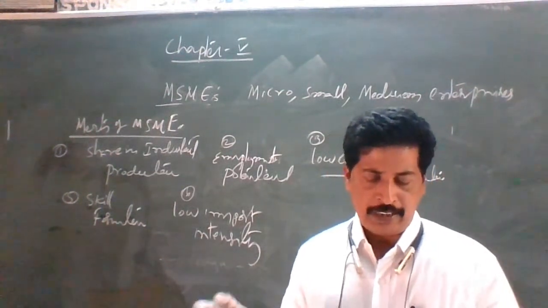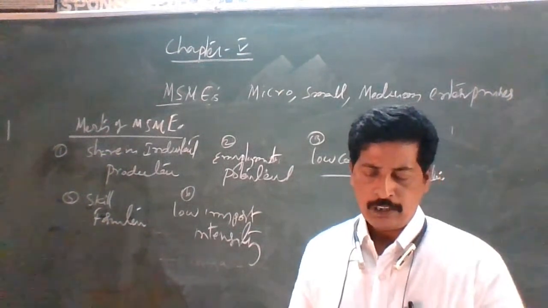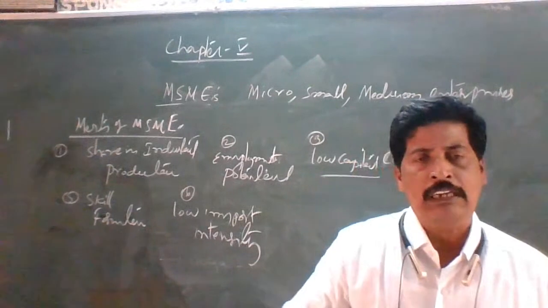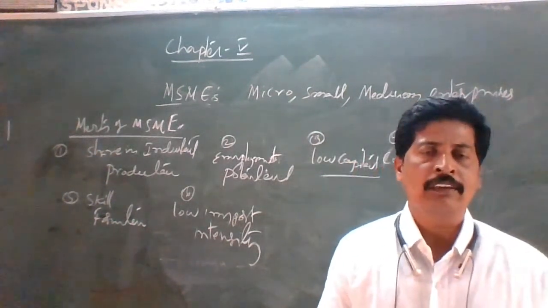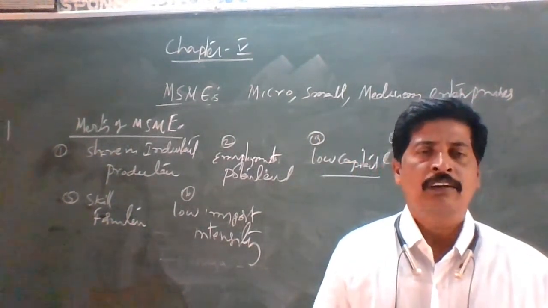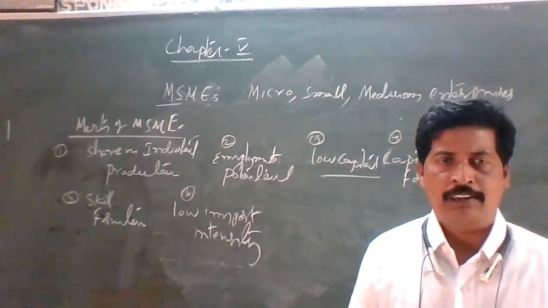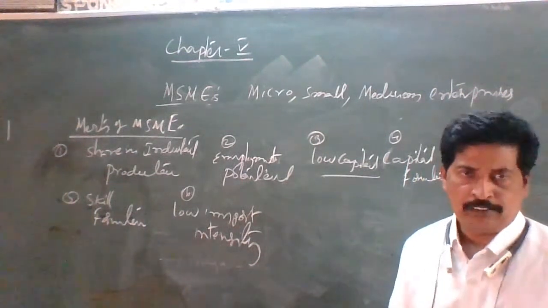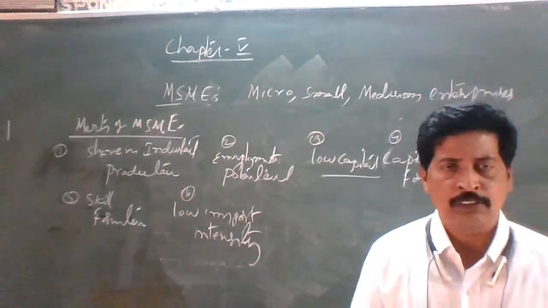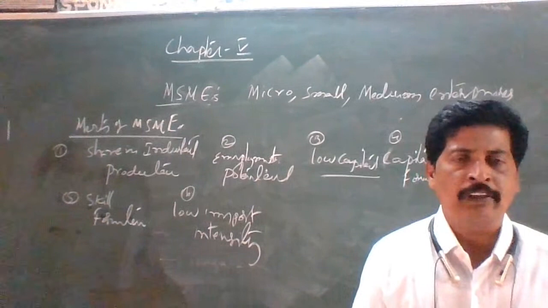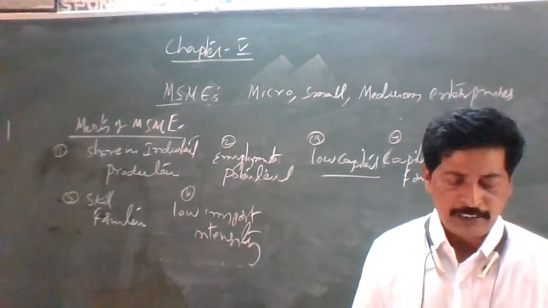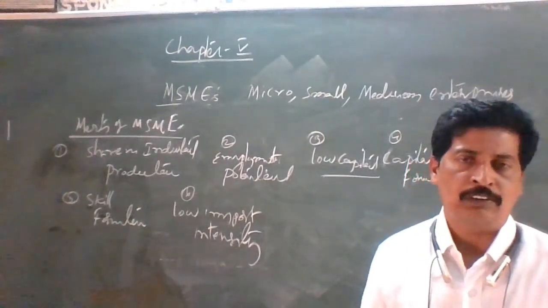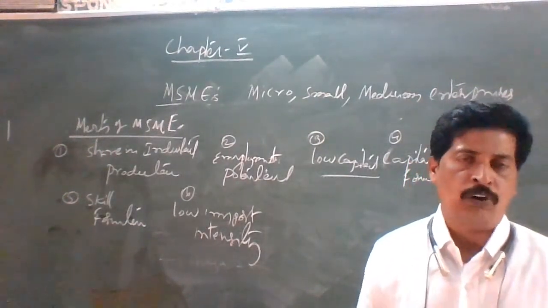In rural areas, it actually reduces the need for foreign capital or foreign exchange. Whatever is necessary, domestically it can arrange the capital because it does not require more capital. It does not require more capital because MSMEs are mostly labor intensive. So low import intensity, need not import any type of technology.